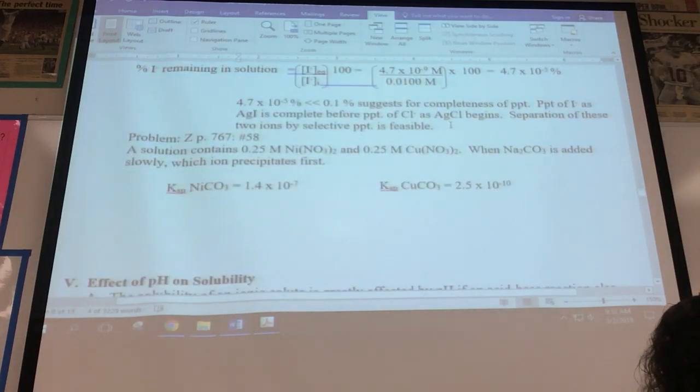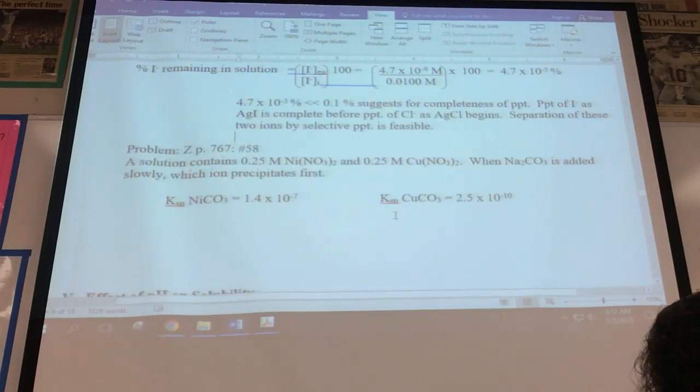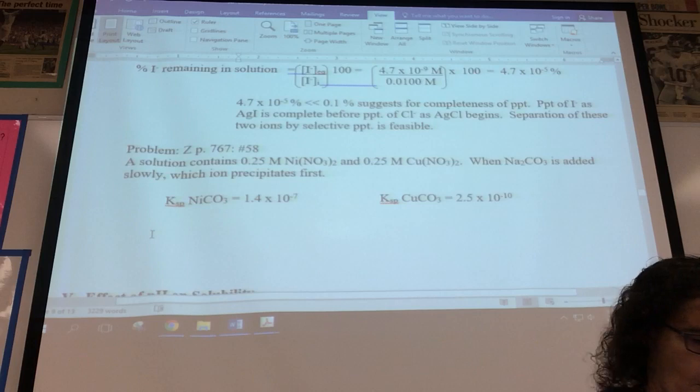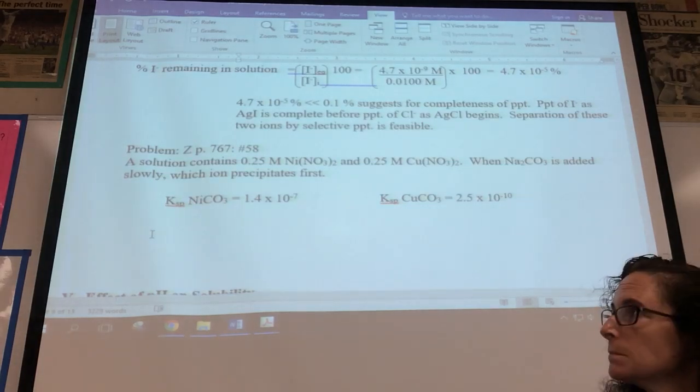This problem is from the textbook. I'm going to change it slightly to make it easier for you. It says a solution contains 0.25 molar nickel 2 nitrate and 0.25 molar copper 2 nitrate. When sodium carbonate is added slowly, which ion precipitates first? Let's take a look. I'm going to work it just like we worked the previous one. Get the information down.